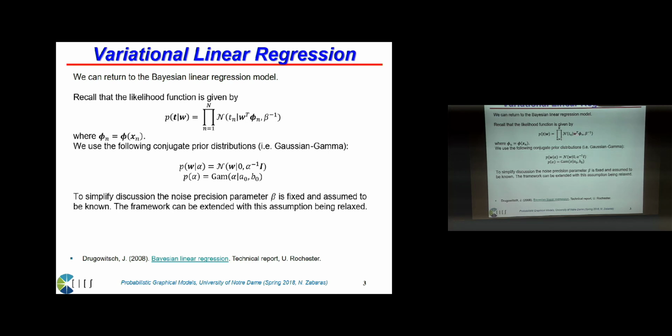You can think that the response of the system that I indicate here with t is W transpose some vector of basis functions that you can calculate at any point x, plus some noise defined by the precision beta. So basically I'm taking the likelihood of the data to be a product of Gaussians. It factorizes over the IID data. That's standard.